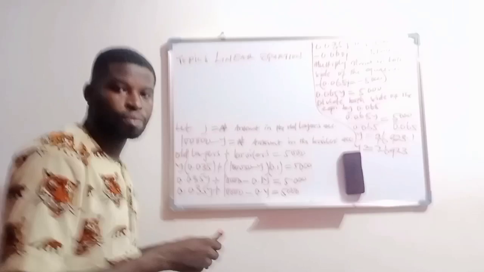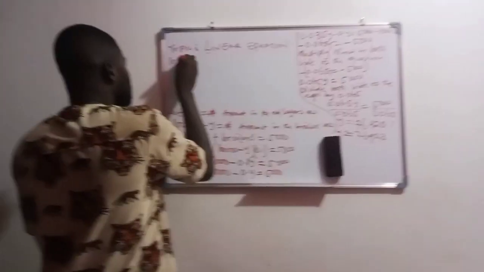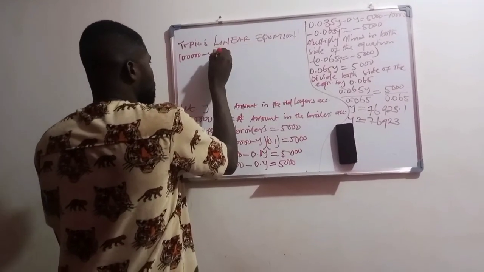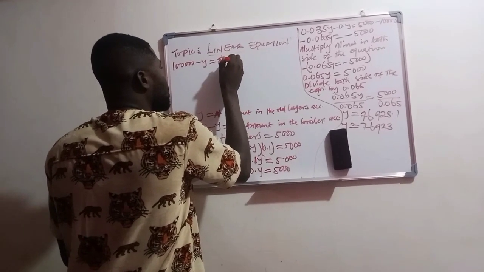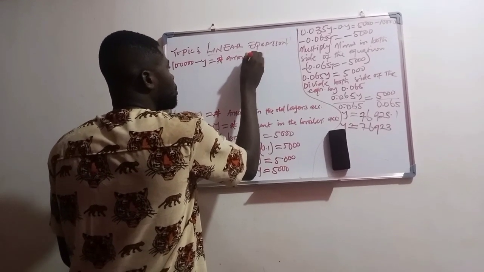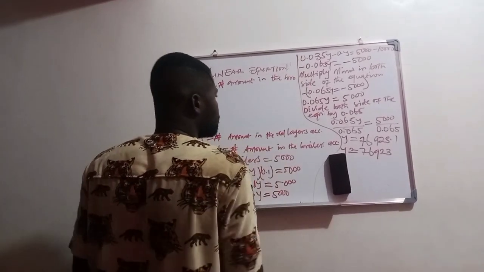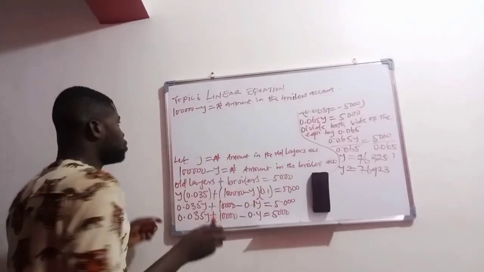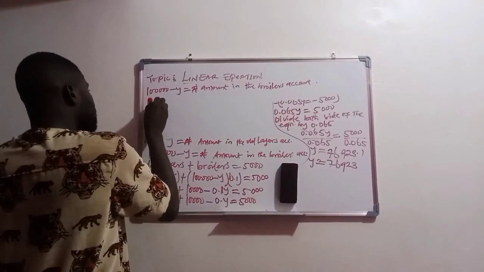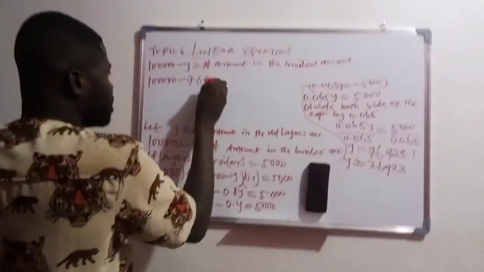We recall that 100,000 minus y is equal to the amount in naira in the broilers account, which is equal to 100,000 minus 76,923 naira.